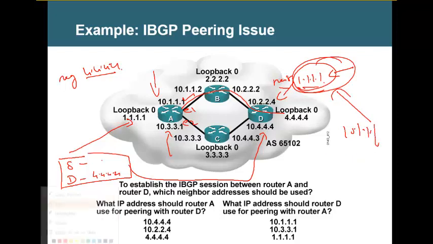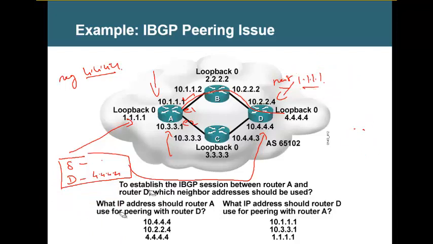I can only change it on the BGP packet. I want this address to be the source address. How can I change that? By default, it will always take the egress interface address, either 10.1.1.1 or 10.3.3.1.